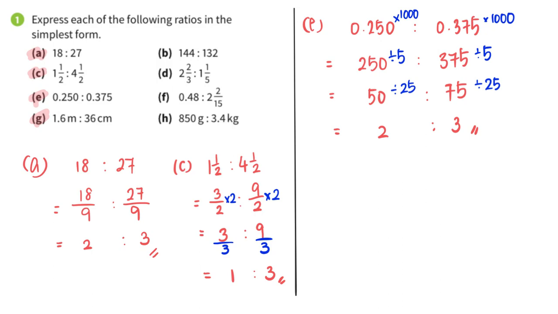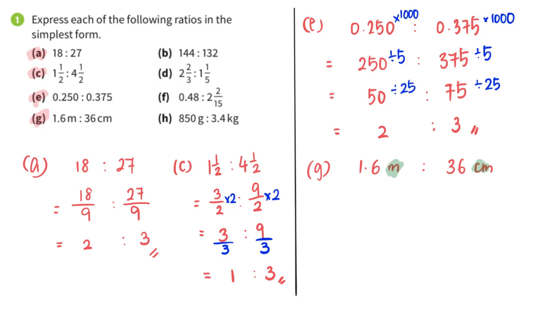And the last example, G, where we are given 1.6 meter is to 36 cm. This is important. We must always make sure that the units are the same.